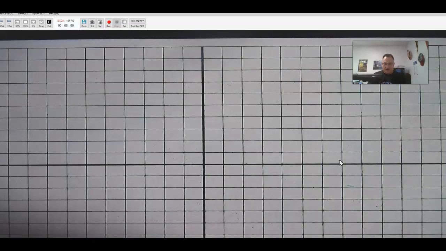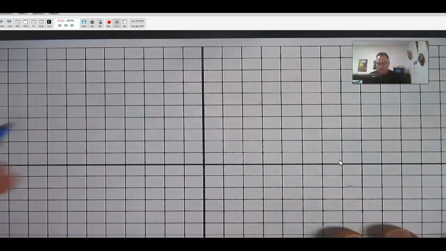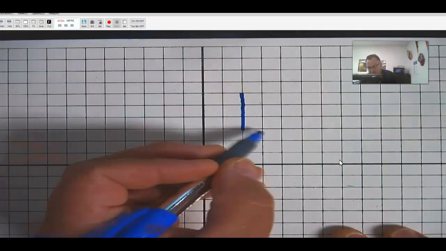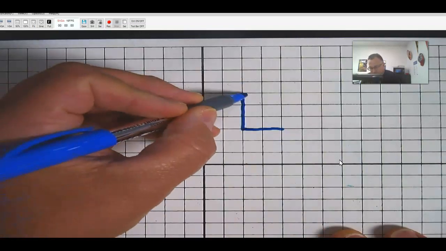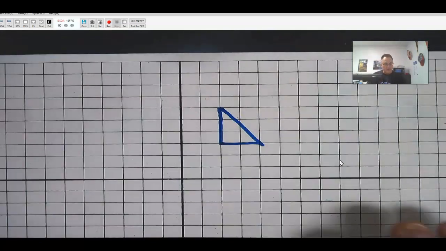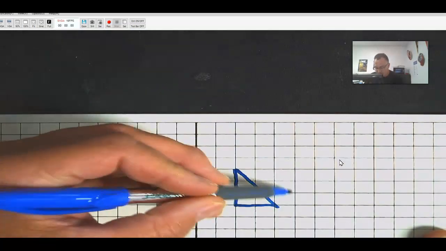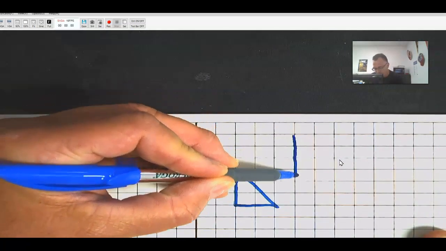Now, the other little bit of information is something else that you need to know from geometry. If you look up here, you don't need to draw this, just look up here. If I took that triangle and I doubled all the sides, so this side is now going to be 6. 1, 2, 3, 4, 5, 6.